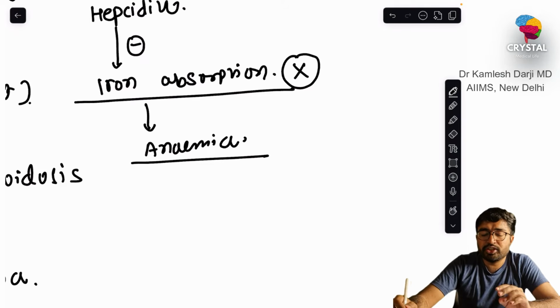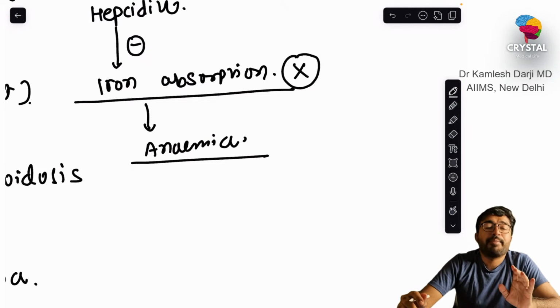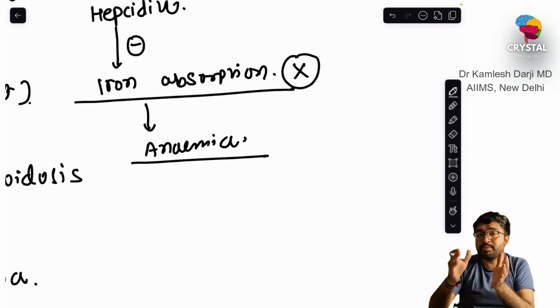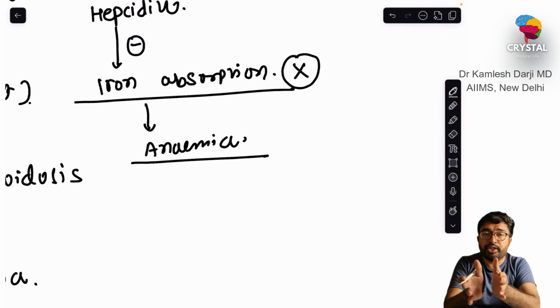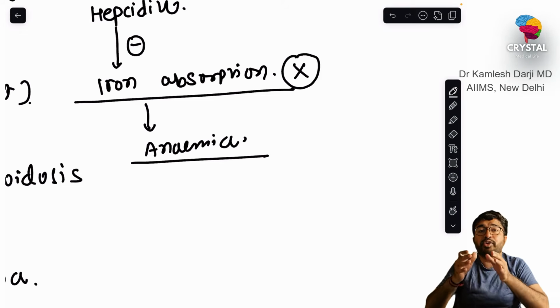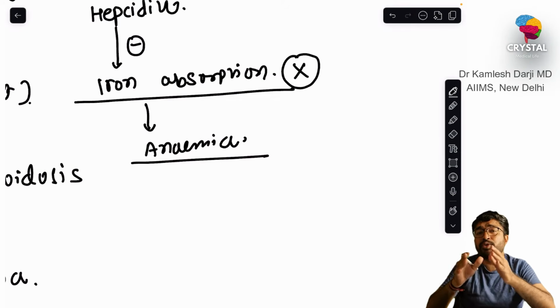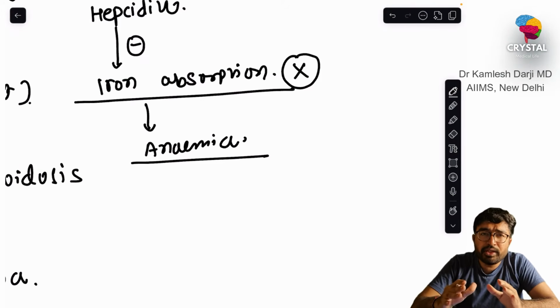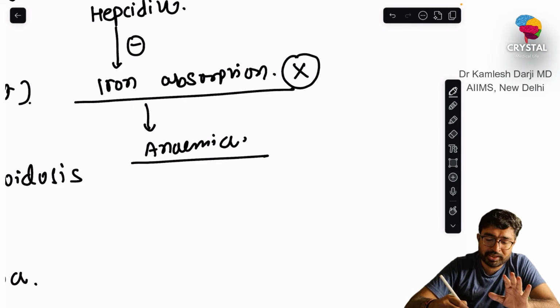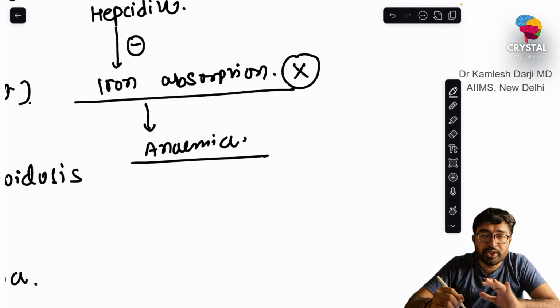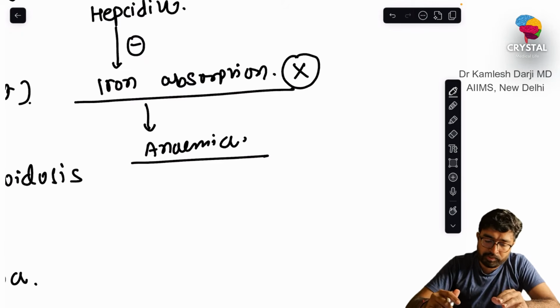So anemia is not just due to hepcidin activation, but also these plasma cells infiltrating your bone marrow in a nodular pattern, interstitial pattern, or diffuse sheet-like pattern. They will not give any space for erythropoiesis. So how can your body synthesize RBCs? There are no RBCs, and this will lead to severe anemia.